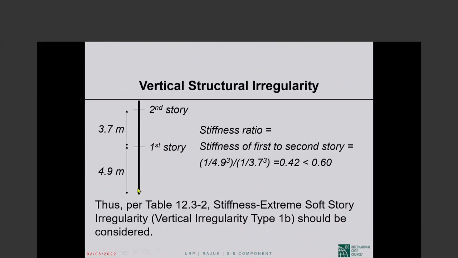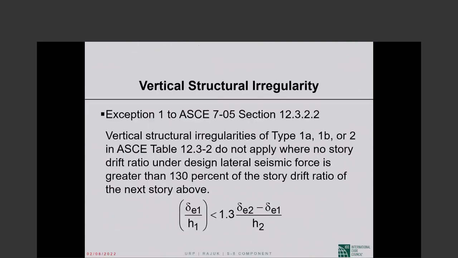So the stiffness ratio is 1 over 4.9 cubed and 1 over 3.7 cubed, and that is 0.42. That being less than 0.6, we have an extreme irregularity type 1B, which will require dynamic analysis.